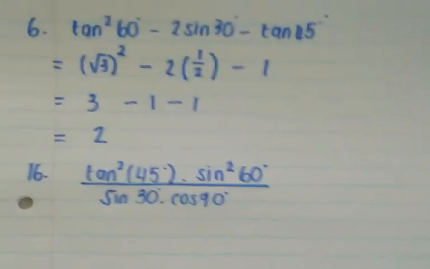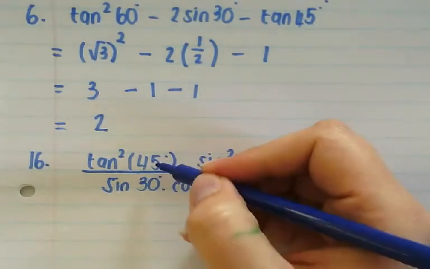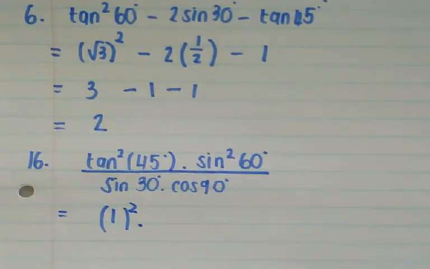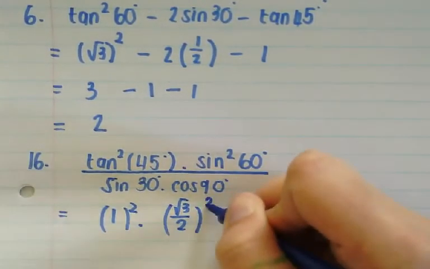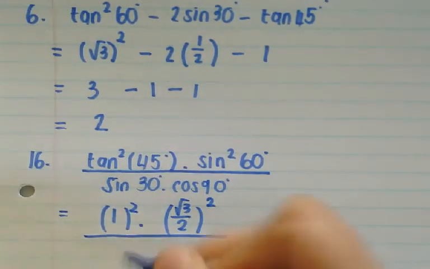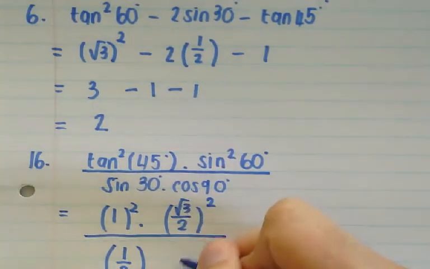So right now, I just really want you to focus on what I'm doing. You can write all of it down later on. Tan 45 is equal to 1, and it is squared. Times sine 60, which is square root 3 over 2, and it is squared. Sine 30, which is a half, and cos 90, which I can't even remember right now, is 0.